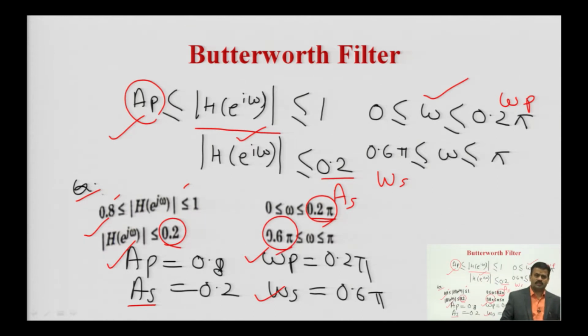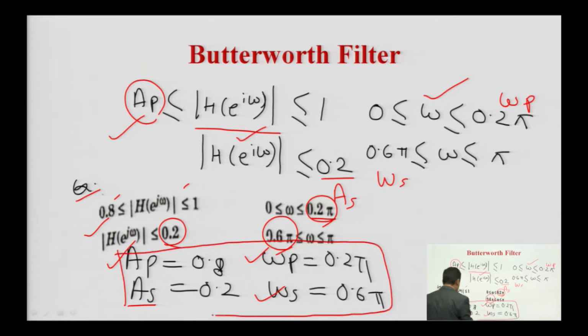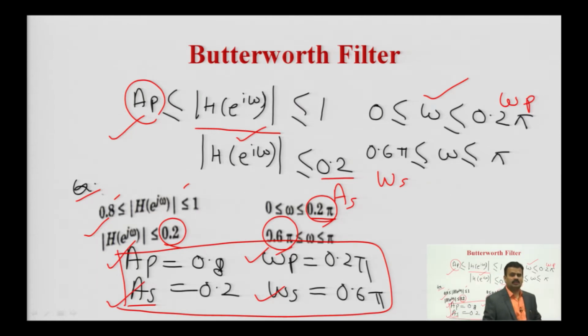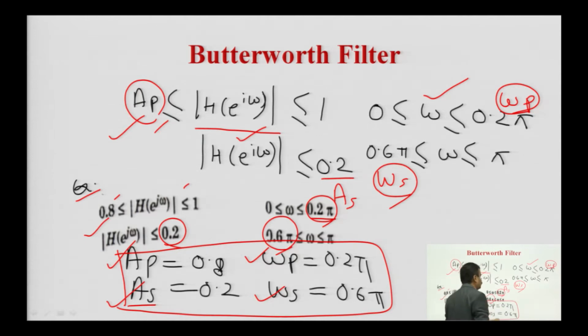If this type of condition is given in the question, you can recognize it and find these values, because if you know them, then designing using Butterworth will be easy. That is why I am writing the generalized form here in terms of AP, AS, omega p, omega s, with values from 0 to pi that vary as per the condition.